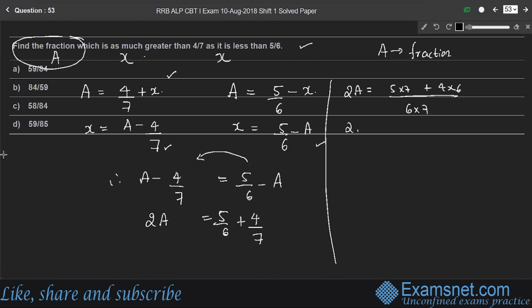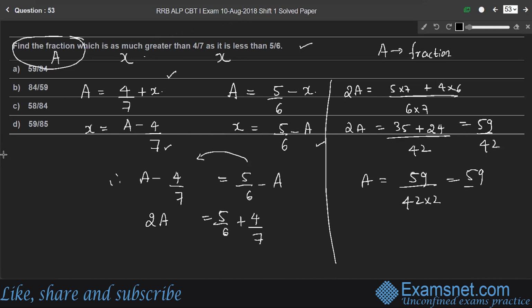So 2A is equal to 35 plus 24 divided by 42, which is 59 by 42. Therefore, the value of A is 59 by 42 into 2, which is 59 by 84. Therefore, the fraction is 59 by 84. Look at the options: Option A is the right answer.